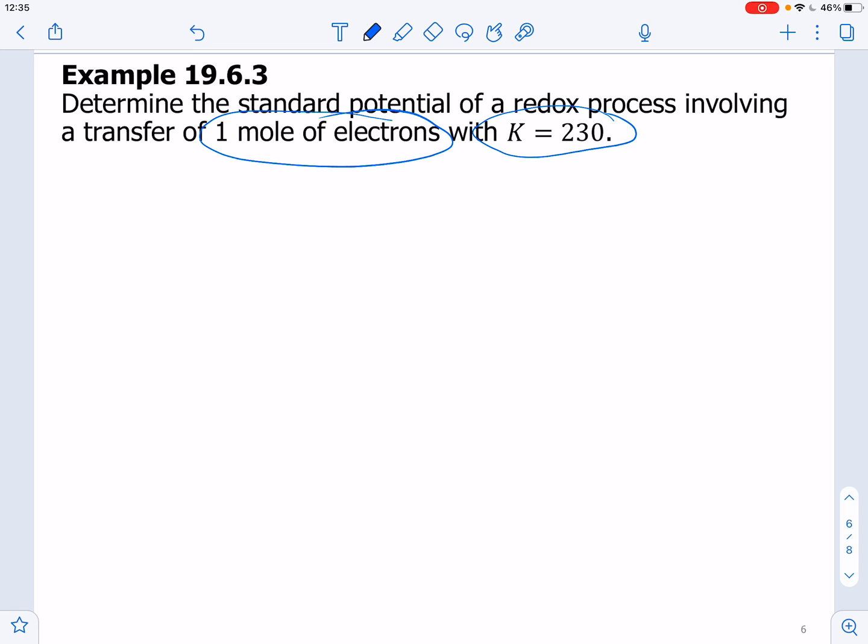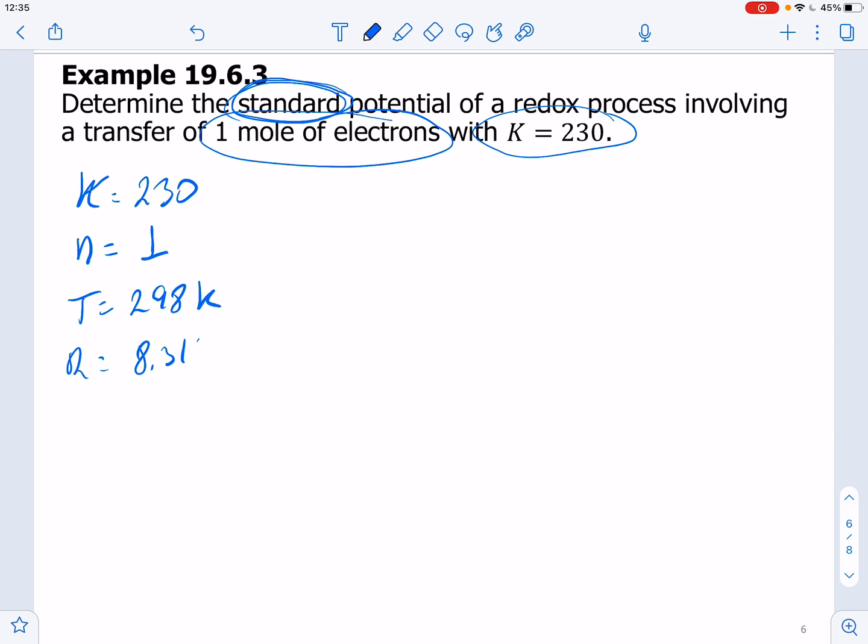So pretty much K, the equilibrium constant, is 230. N is equal to 1. We are working with the standard potential, that means standard conditions, so the temperature is 298 Kelvin. We have R equals 8.314.